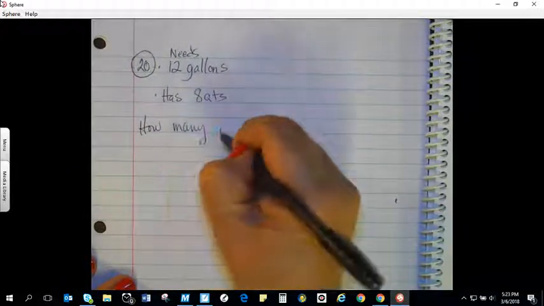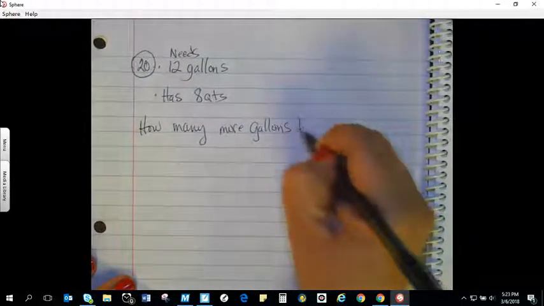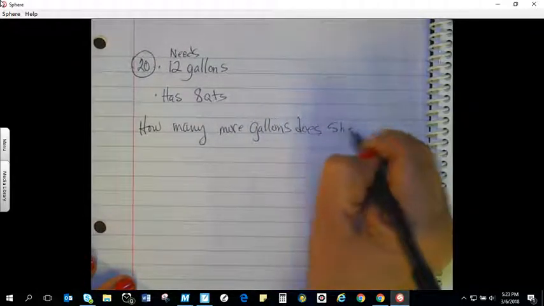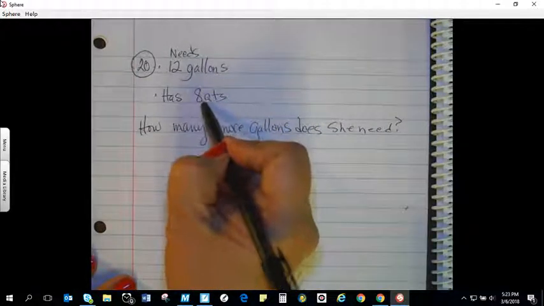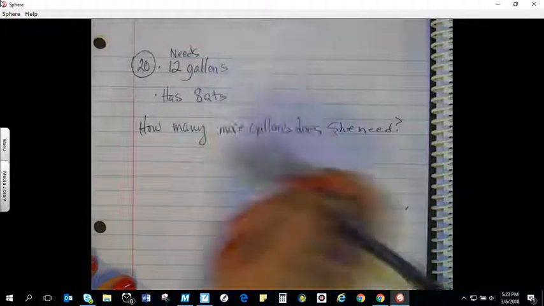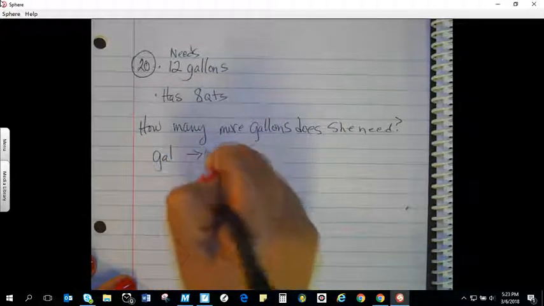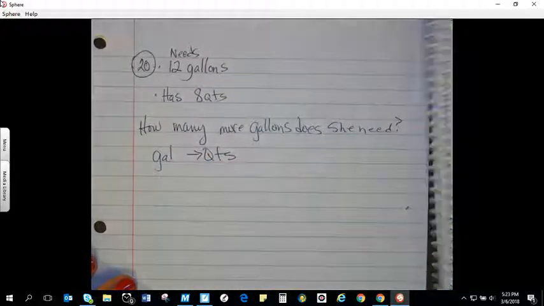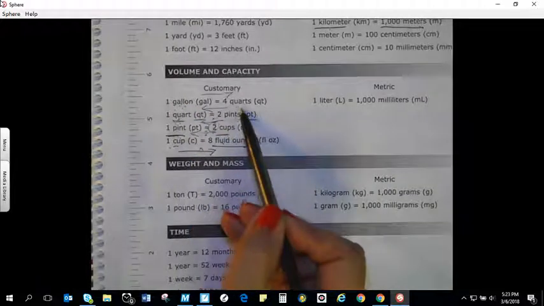How many more gallons does she need? Okay? I can't subtract out. They have to have the same unit of measure. All right? So I'm going from gallons to quarts. Looking over here, for every 1 gallon is equal to 4 quarts.